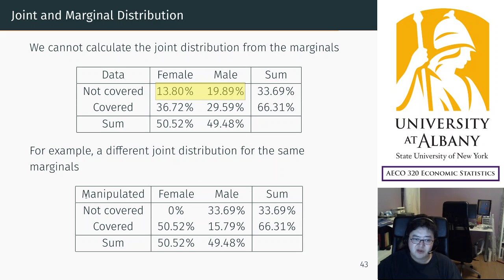For example, here it is. These are manipulated numbers, but I have the same marginal probability distribution. So these numbers are the same. These numbers are the same.